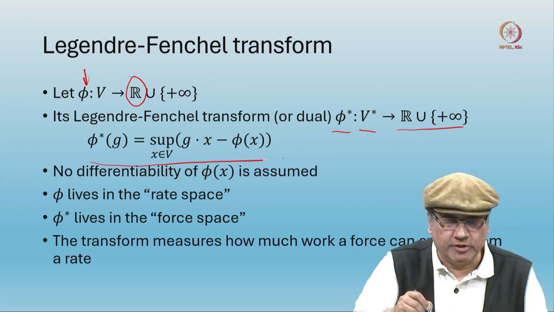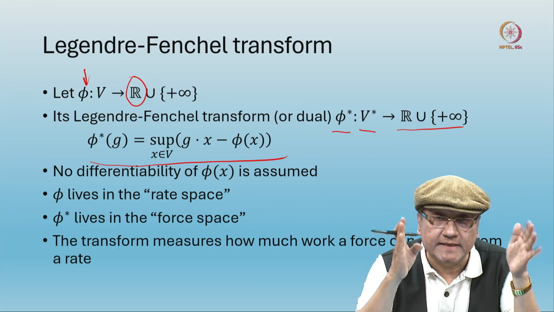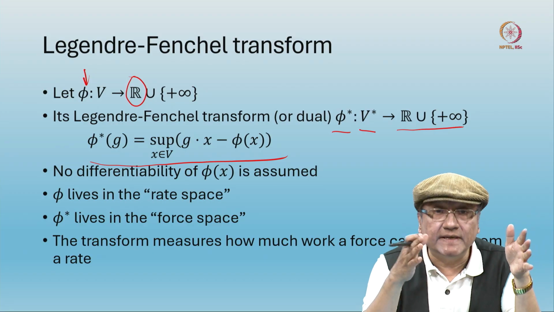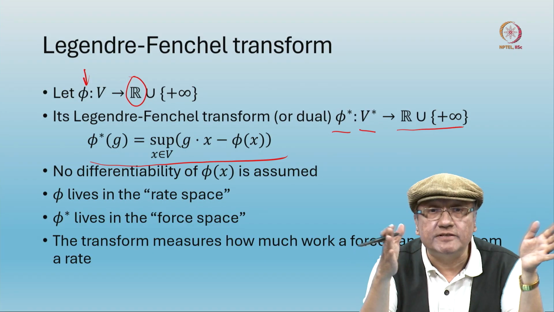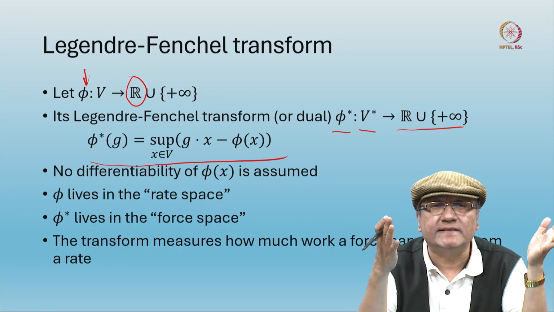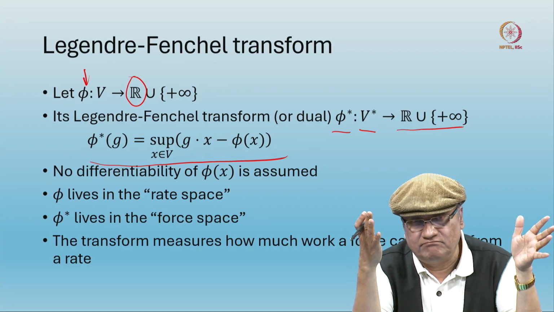And this phi star, the Legendre-Fenchel dual, is given by this expression. This is a very important thing, so pay attention to it. It is the supremum, that is the maximum, over the set V which contains different x's. You can think of x to be the strain rates, any fluxes.